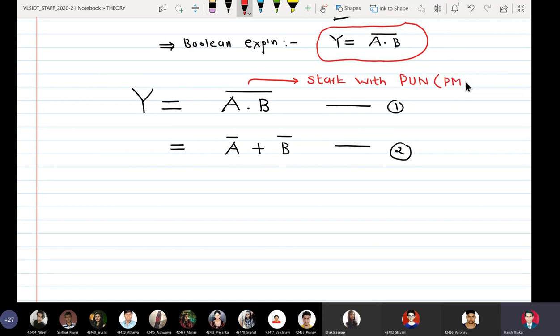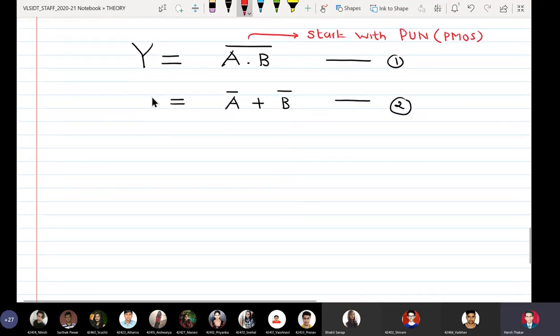Pull-up network means PMOS devices. Now what I need to do is, if I apply the variable A to a PMOS, it will give me A bar.